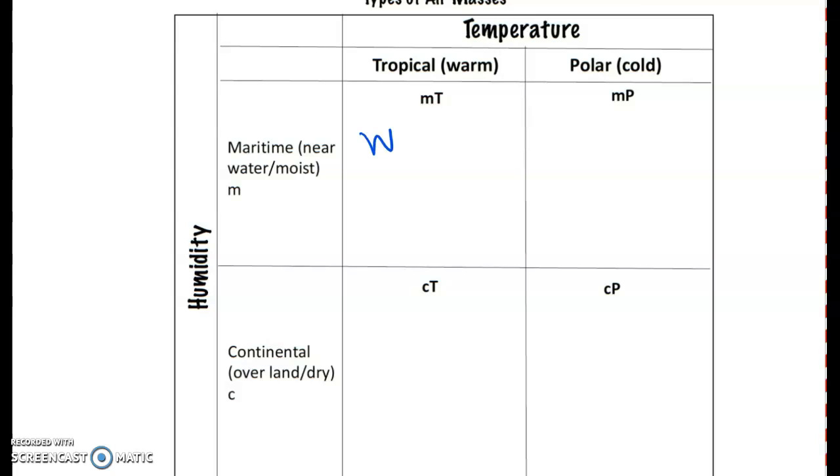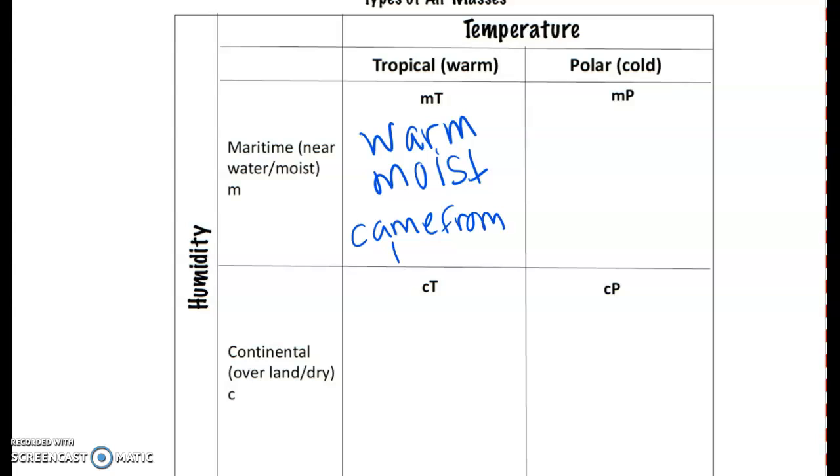So we would write warm and moist. And it came from the sea, and that's where it got moisture from, is that evaporation over the sea.